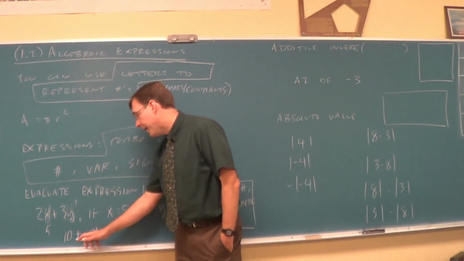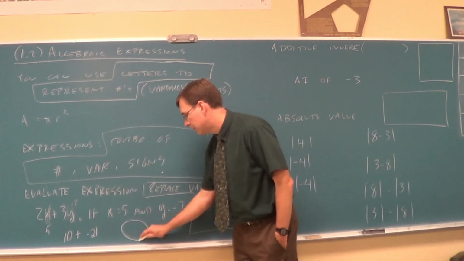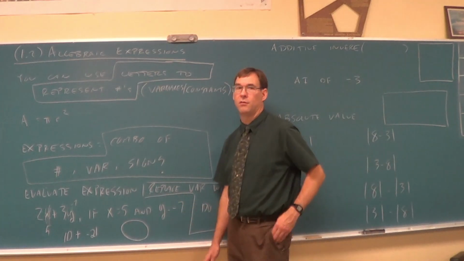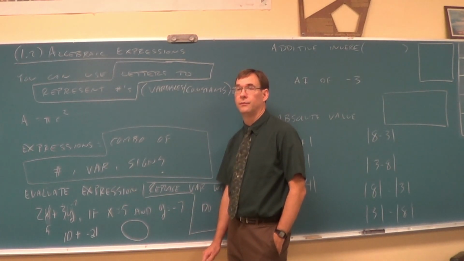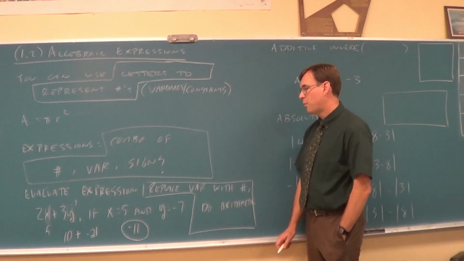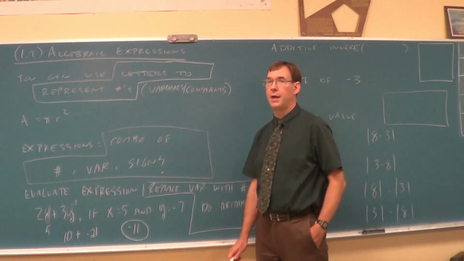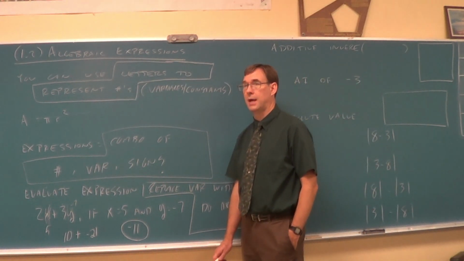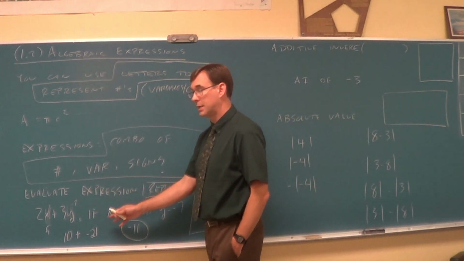If you go to adding one positive number with one negative number, what is that going to do for you? Positive 10 adding negative 21. That is negative 11. If it's a giant chore for you to come up with negative 11, I don't want to be mean, but you might not be really ready for Algebra 2. Algebra 1 spends a lot of time just working on how to add numbers like that.